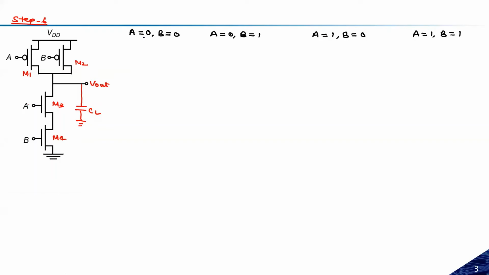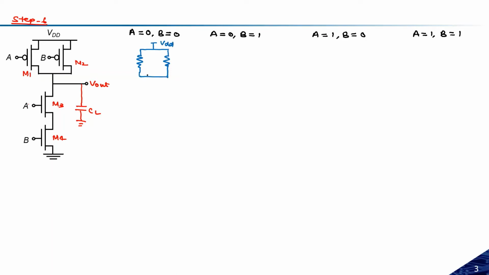If A and B both are 0, I'm considering that the transistors of both the PMOS are the same and the transistors of both the NMOS are the same. So the equivalent circuit will look like this. This is the VDD.